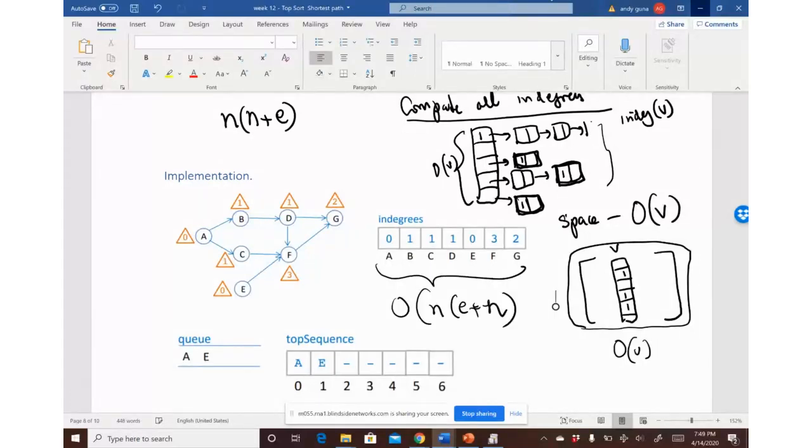So if you really simplify this, you have n times E plus n squared. But if you think about E as order n squared, then you're looking at n cubed for the complexity. So it's very expensive to compute the in degree, especially with an adjacency list.